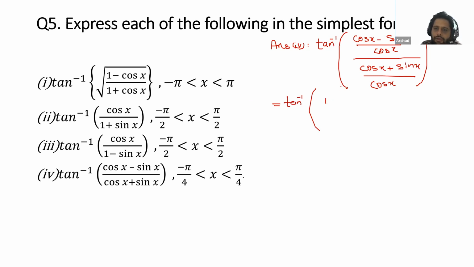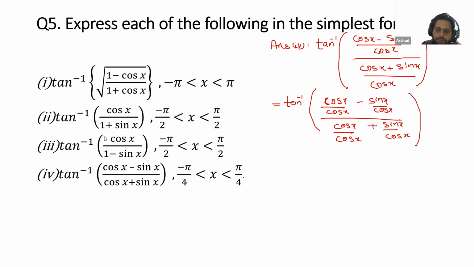We divide by cos and separate the parts, so you will get cos x by cos x minus sin x by cos x, and in the denominator cos x by cos x plus sin x by cos x.